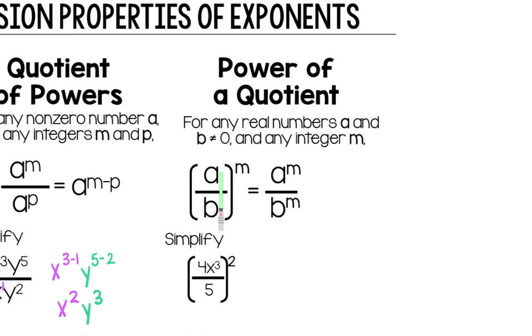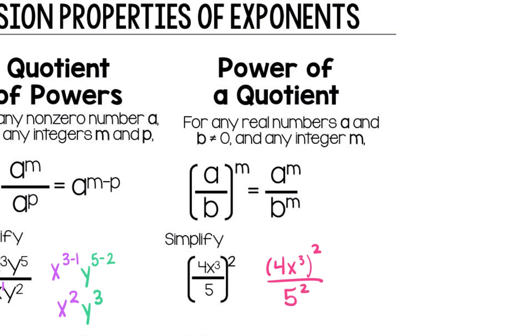When we have an entire quotient or a fraction to a single power in parentheses, we can take the numerator to that power and the denominator also to that power. For example, if we look at this right here, 4x to the third is raised to the second power, as well as 5 is raised to the second power.